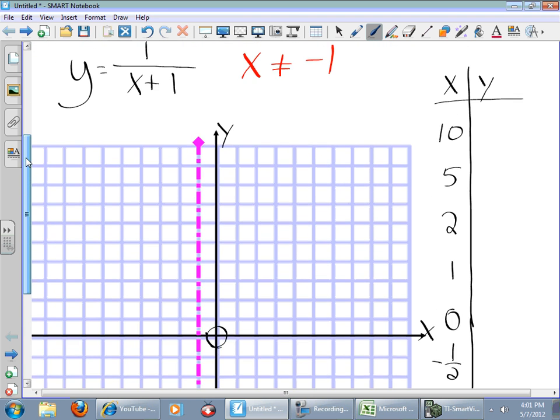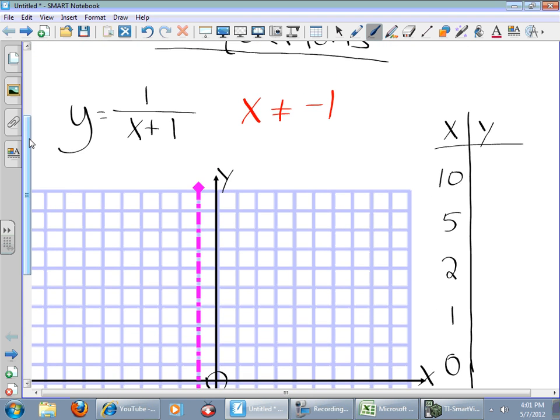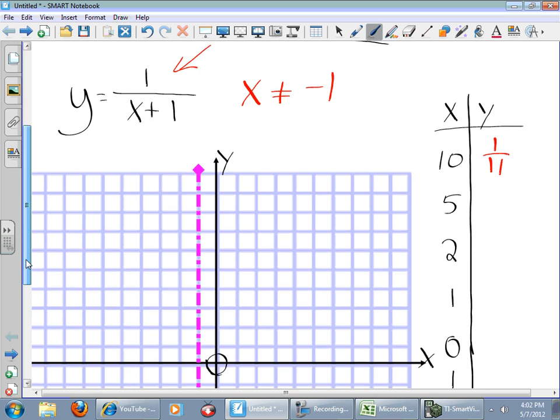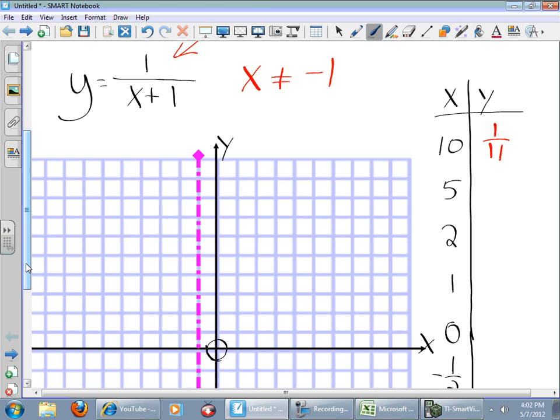Okay, so I'm going to do my math here, and of course, I'm plugging into this equation right here, 1 over x plus 1. Well, when x is 10, I get 1 over 11, which is going to be a little point right above the x-axis. And if I put 5 in there, I'm going to get 1/6. Right?